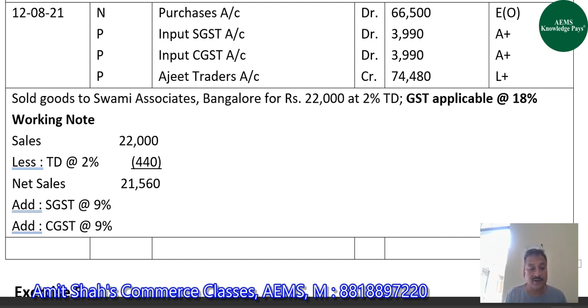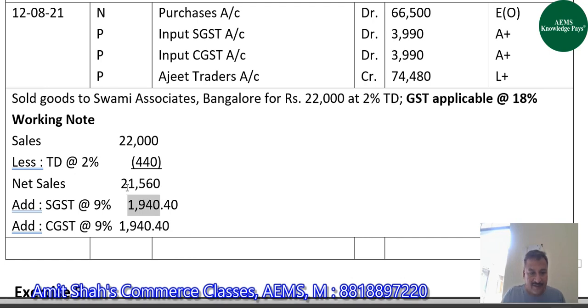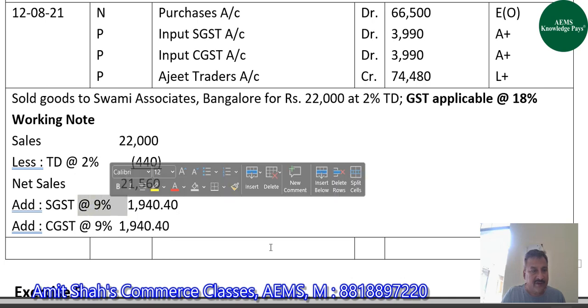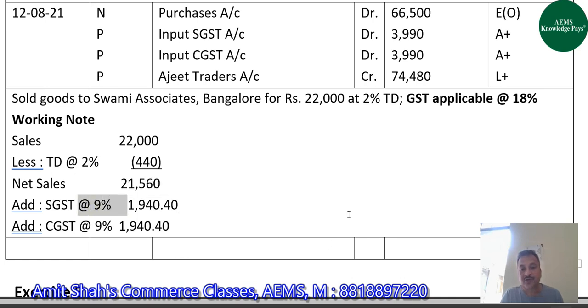And what is the amount? 1,940.4. This is 9% of 21,560. I hope you all understand why I have taken 9%, guys. Right, Ashutosh Manvi?